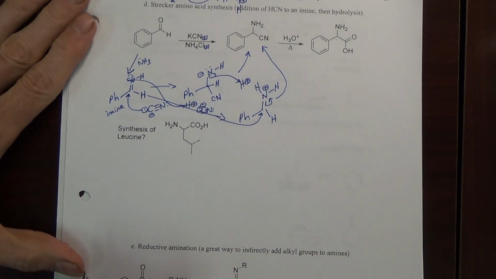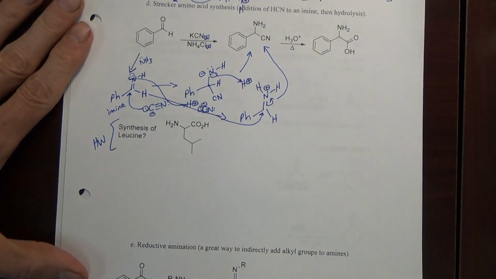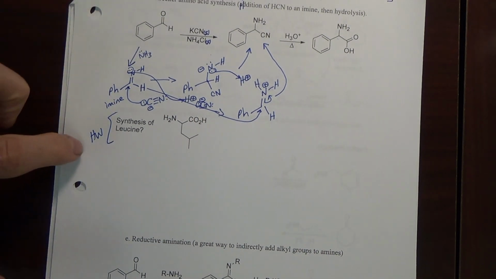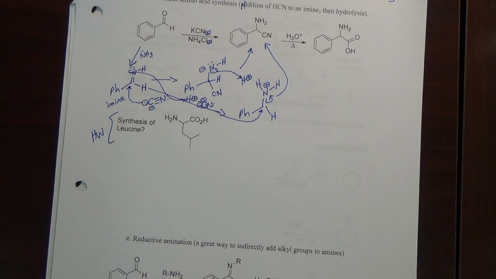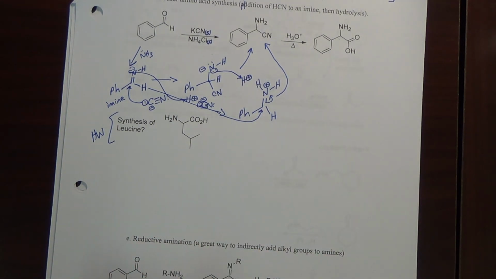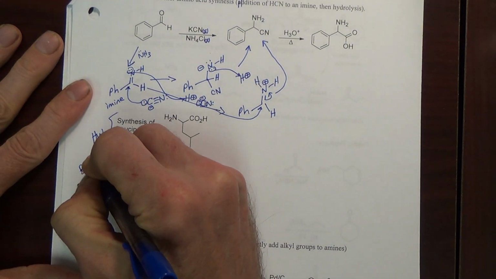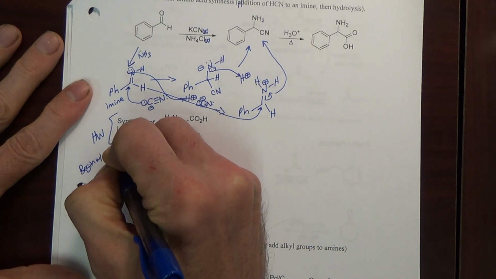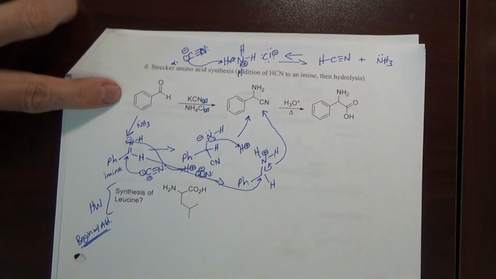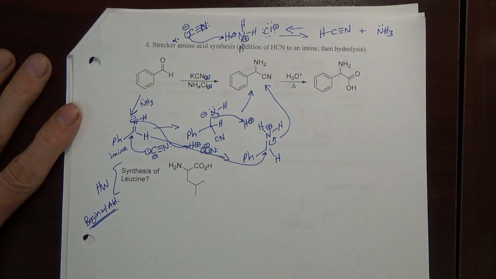All right. So for homework, show a Strecker amino acid synthesis of leucine. All right, just working backwards. And you will begin with an aldehyde, right? Didn't we begin with an aldehyde here? But work backwards, okay?